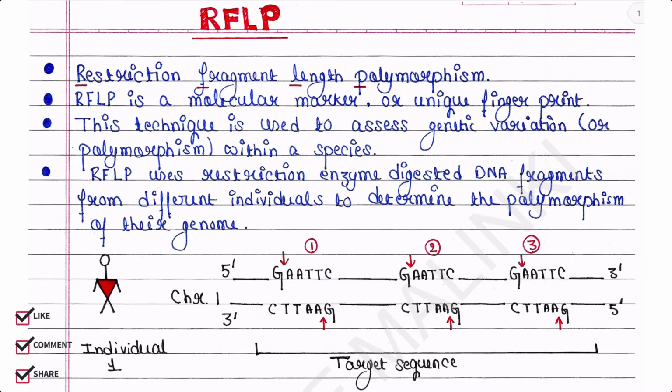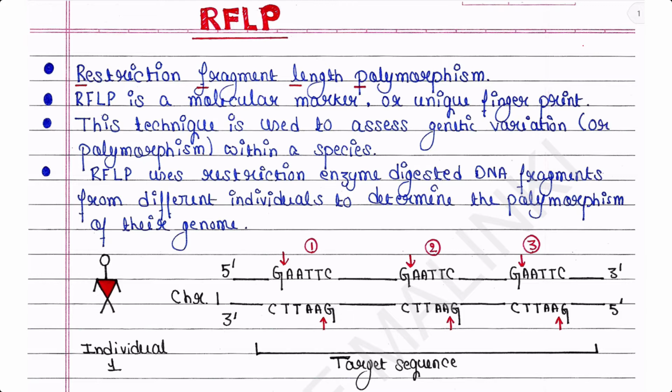So RFLP, or Restriction Fragment Length Polymorphism, is a molecular marker or unique fingerprint. This technique is used to assess genetic variation or polymorphism within a species.